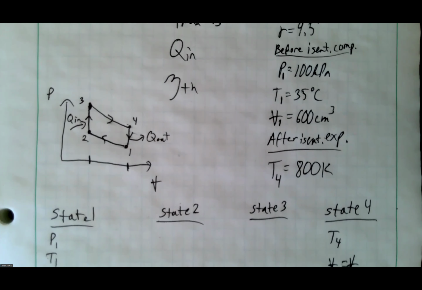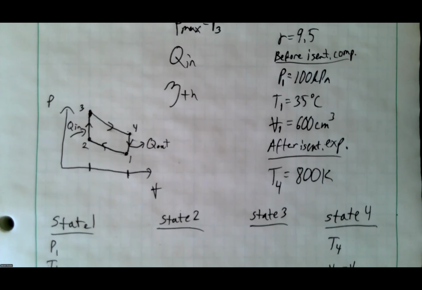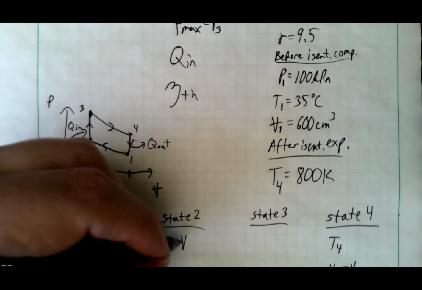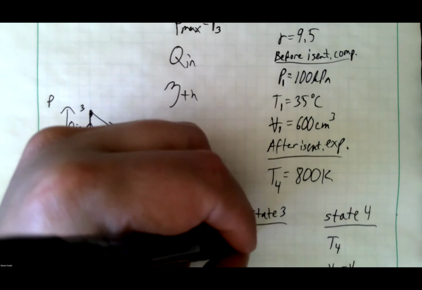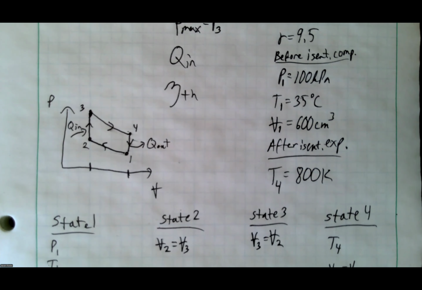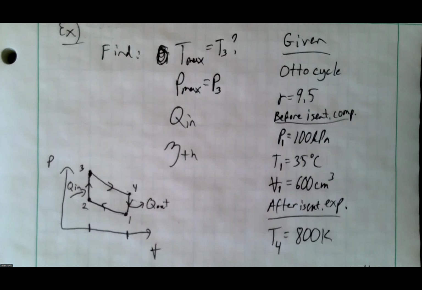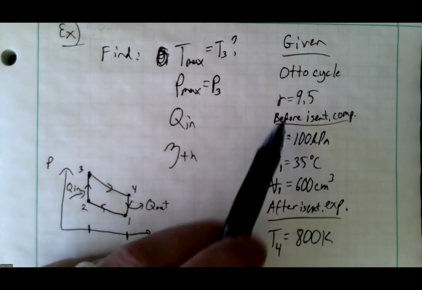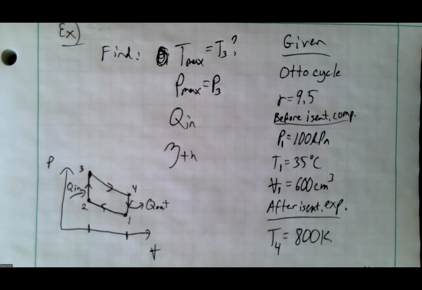All right, and I might say, okay, what else is maybe constant? And somebody might say, oh, you know what? V2 is equal to V3, and V3 is equal to V2. Yes, that is correct. Now, I've moved this down because there's an important bit of information in our givens that we haven't looked at yet. A very, very powerful bit of information in an Otto cycle is the compression ratio.